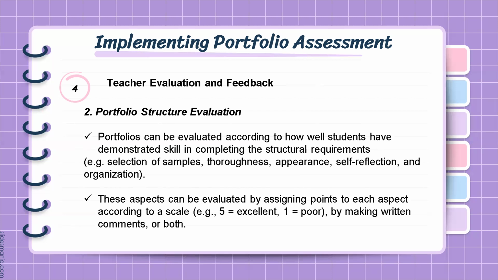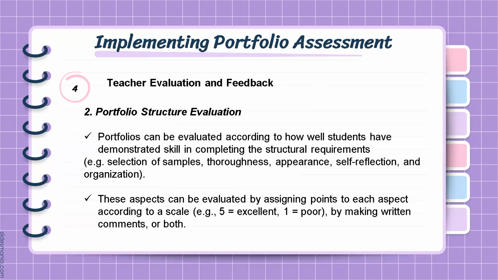We can have aspects such as selection of samples, thoroughness, appearance, self-reflection, and organization. And these aspects can be evaluated using a rubric or assigning points to each aspect according to a scale.